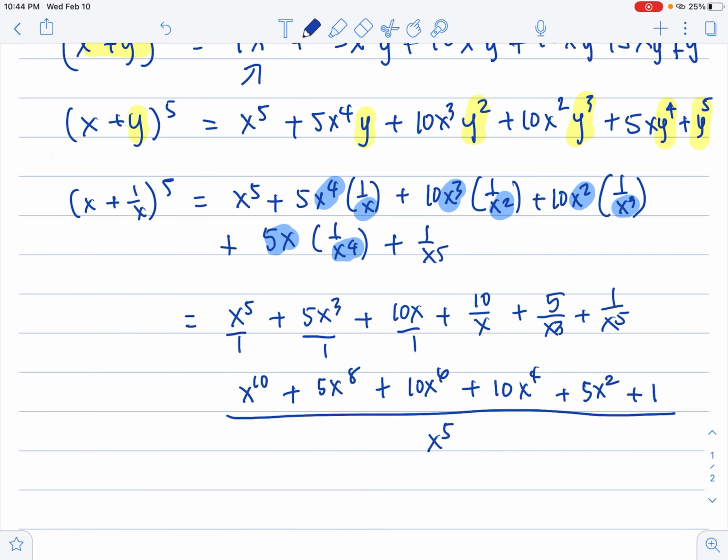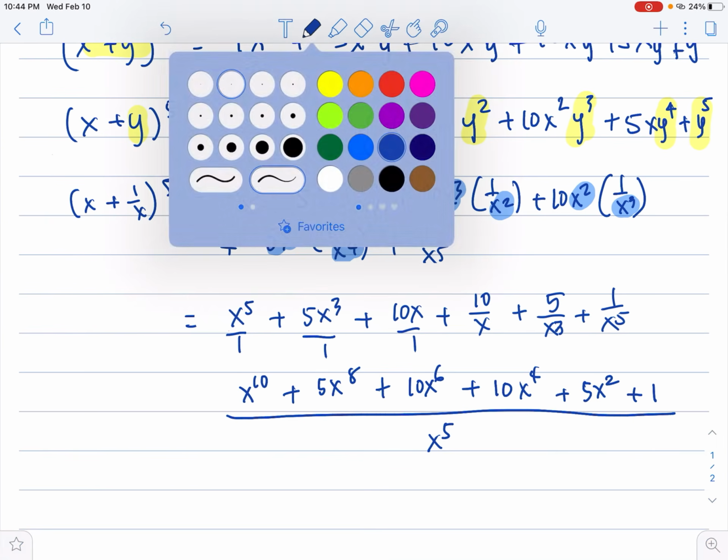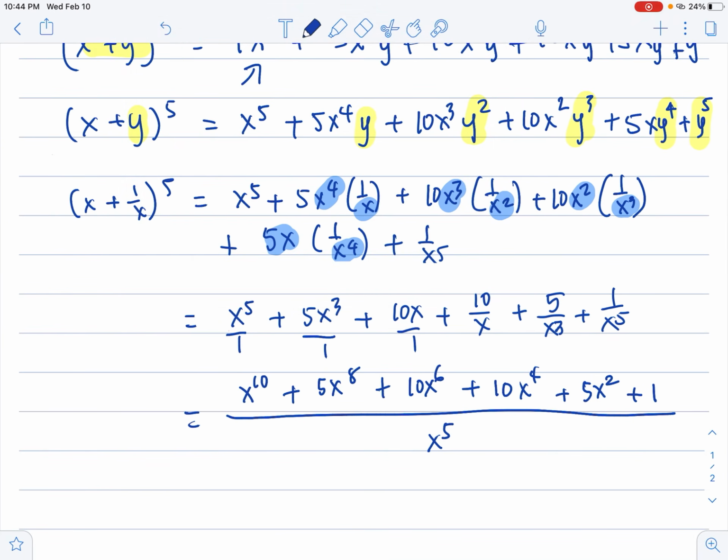X to the fifth divided by x to the fifth is 1 times 1 is just 1. By the way, this is 6x. So ito na yung pinakasagot natin.